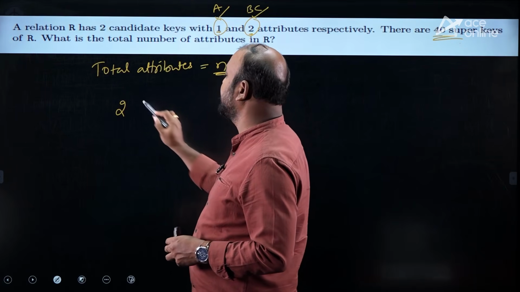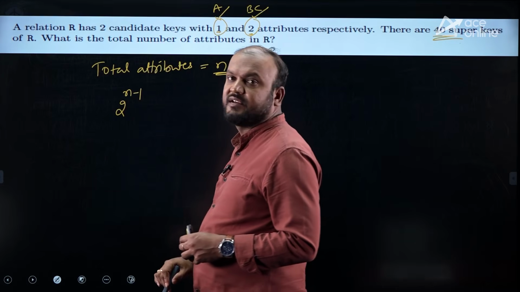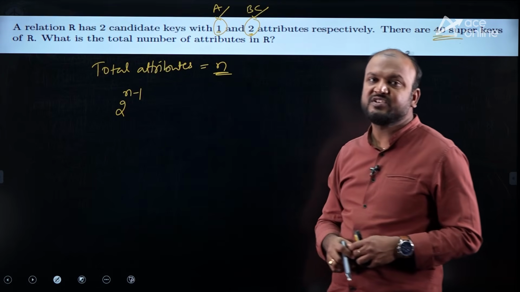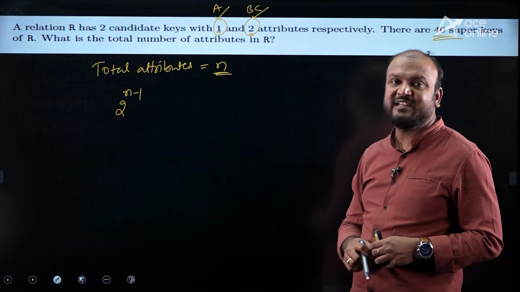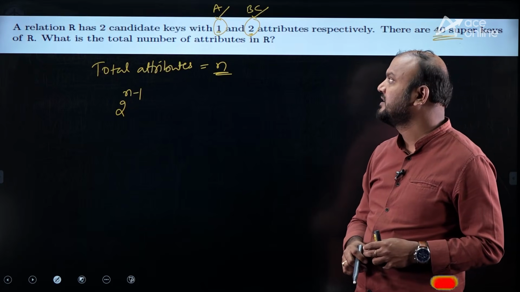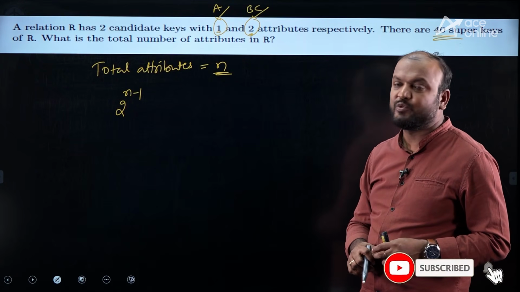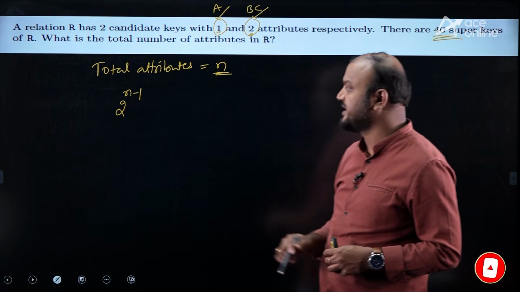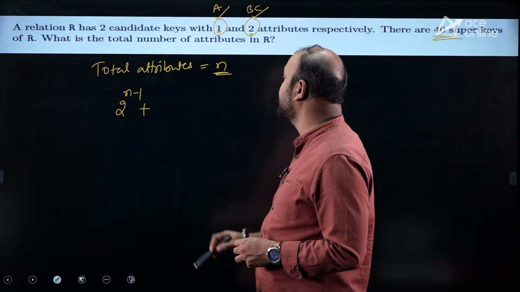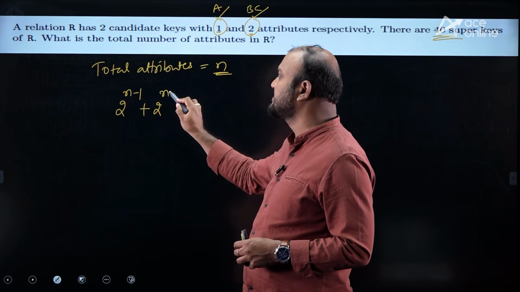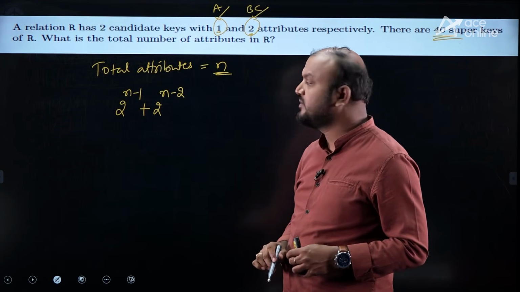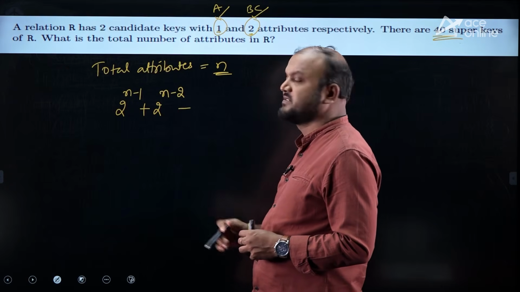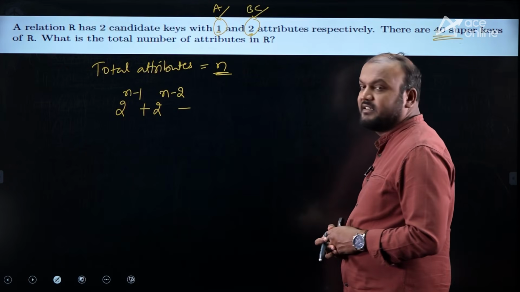So one attribute is a candidate key, with the remaining attributes it will form super keys. How many super keys are possible with the one-attribute candidate key? 2 power remaining attributes. So what are the remaining attributes? n minus 1, plus with the two-attribute candidate key, how many possibilities? 2 power n minus 2 possibilities, minus anything common here?